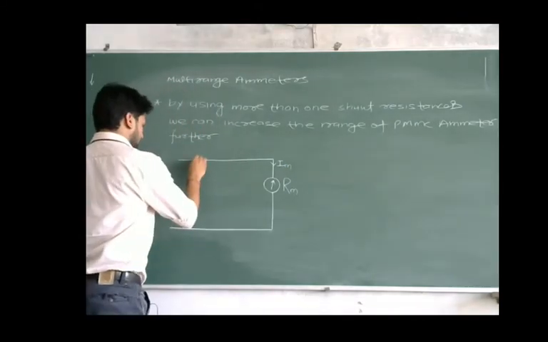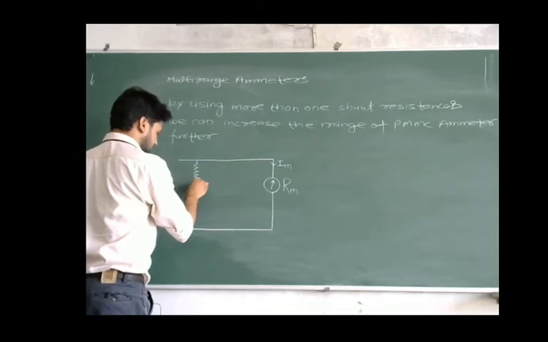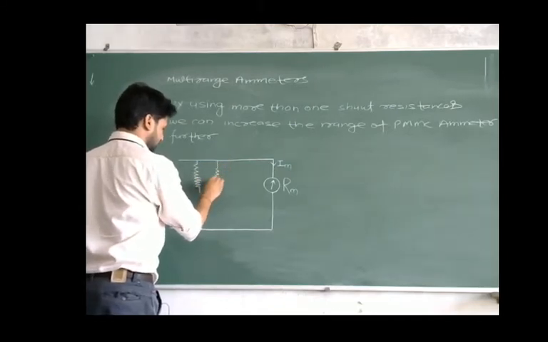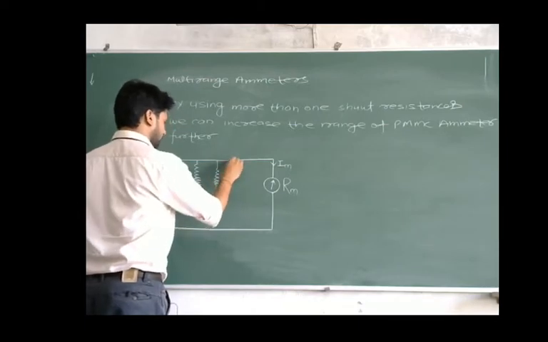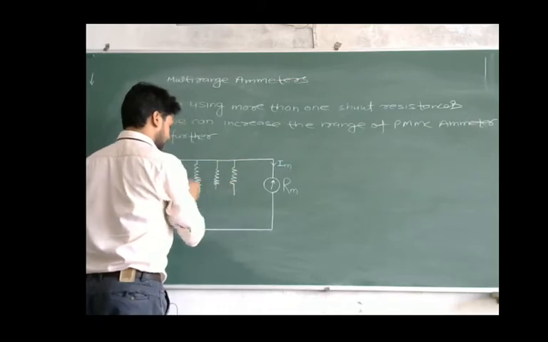There are multiple resistances. Suppose this is RSH1, this is RSH2, this is RSH3.